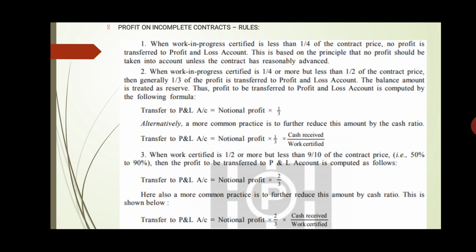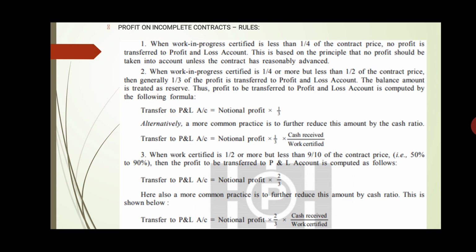So at frequent intervals, as the contractor says that this much has been completed, there are different stages of completion for that contract. That is why it is known as incomplete contracts. So these rules are listed as the rules of profit on incomplete contracts. This will be much clearer when we take the examples along with it.